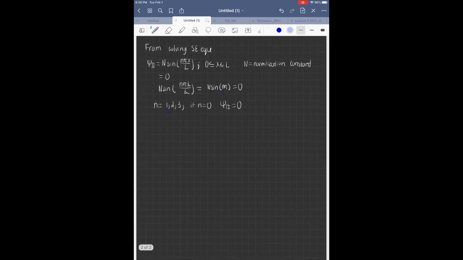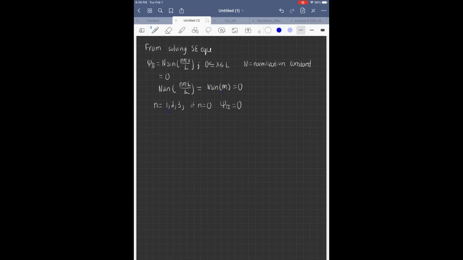From solving the time-independent Schrodinger's equation, you get this wave function here. The reason you have this wave function, and I believe your lecture goes more in depth, is because of the sine.